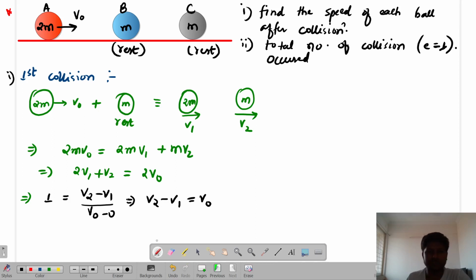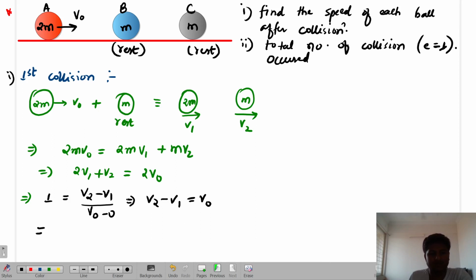Just try to solve these two equations. I can multiply this with 2. So this implies v1 becomes v naught by 2, and v2 is exactly equal to v naught.